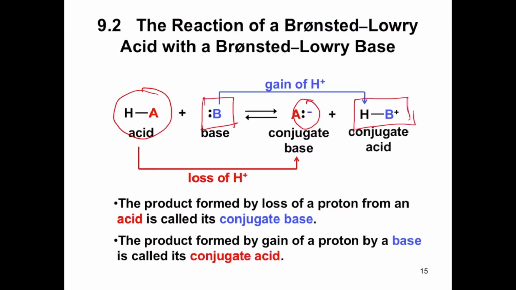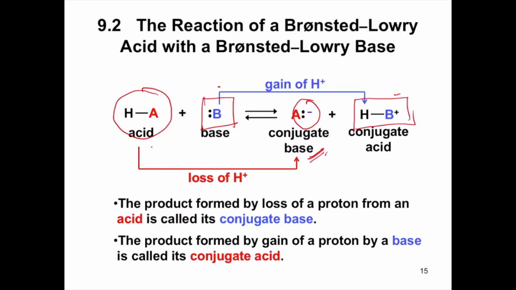So, ang tawag sa kanya ay conjugate acid. So, the product formed from the loss of proton from an acid is called the conjugate base. From an acid, it will form a conjugate base, and then base will form a conjugate acid. So, baliktad.